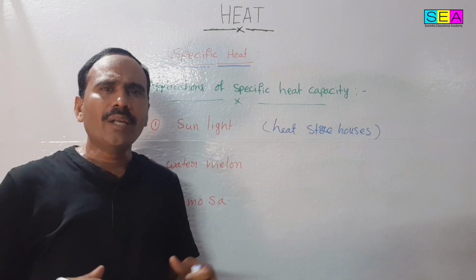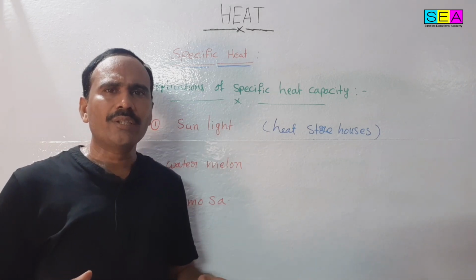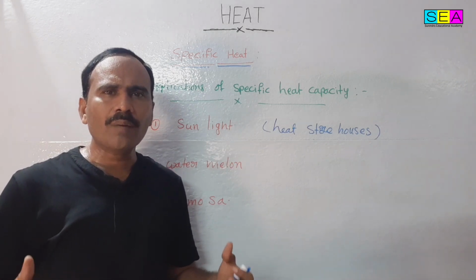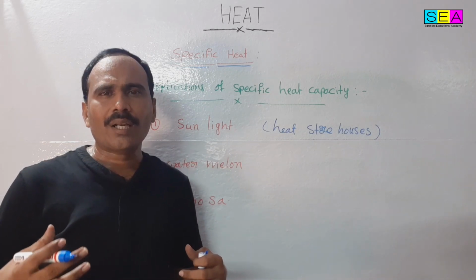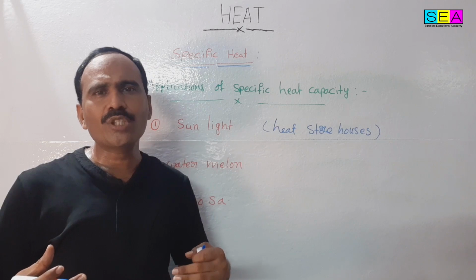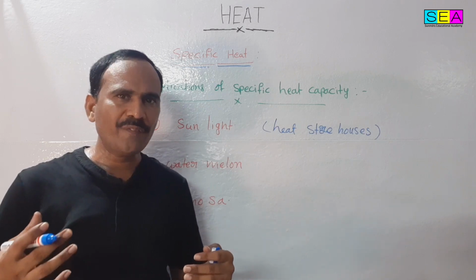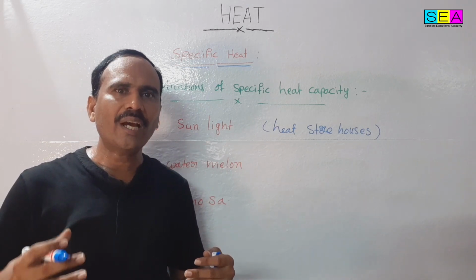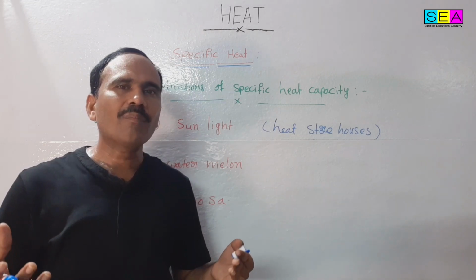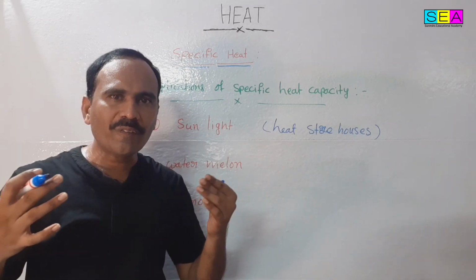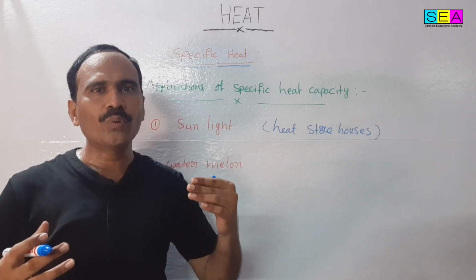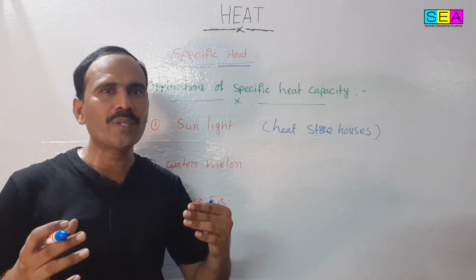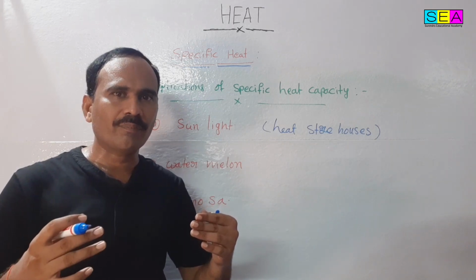Especially near the equatorial region, the oceans absorb a large quantity of heat energy, but the rise in the temperature of the water is low because the specific heat of water is very high. Even though they absorb a large quantity of heat energy, the rise in temperature is low. This is one advantage of the high specific heat of water.